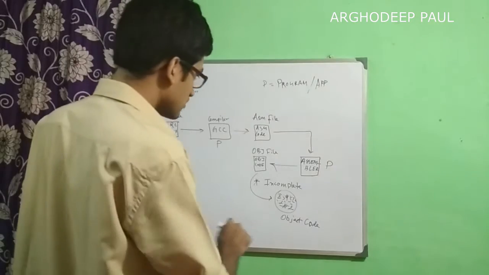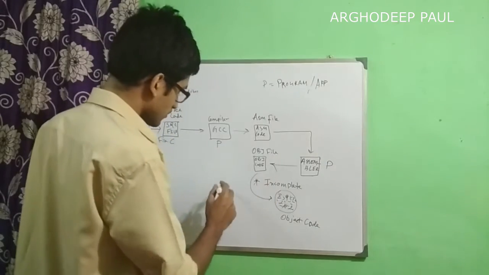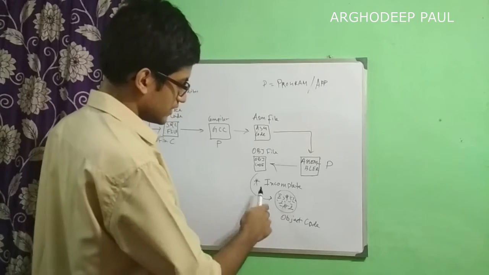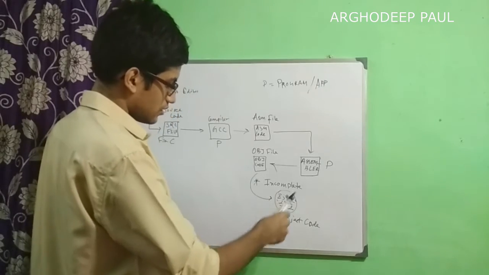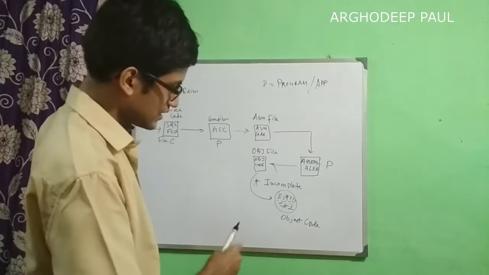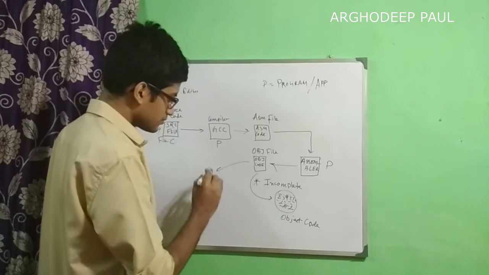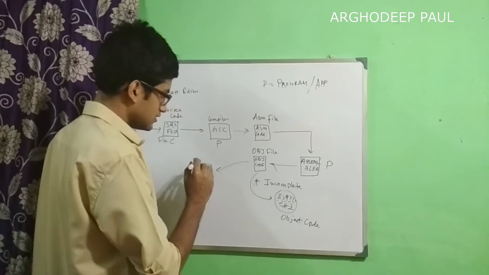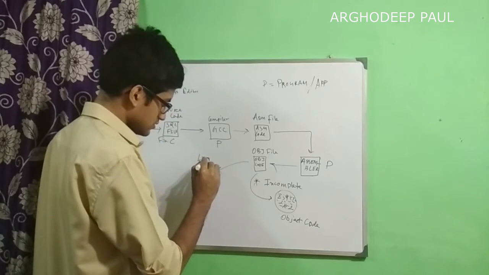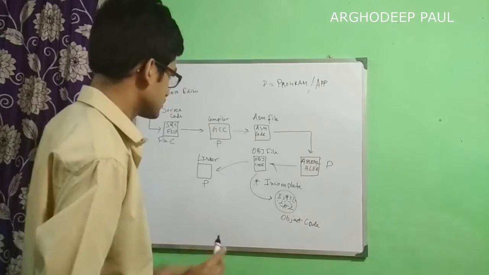So this is incomplete in nature, none of our work. Now to complete this, to remove this incomplete state, to make it complete, we will have to consider another program which is called linker, which is again a program.